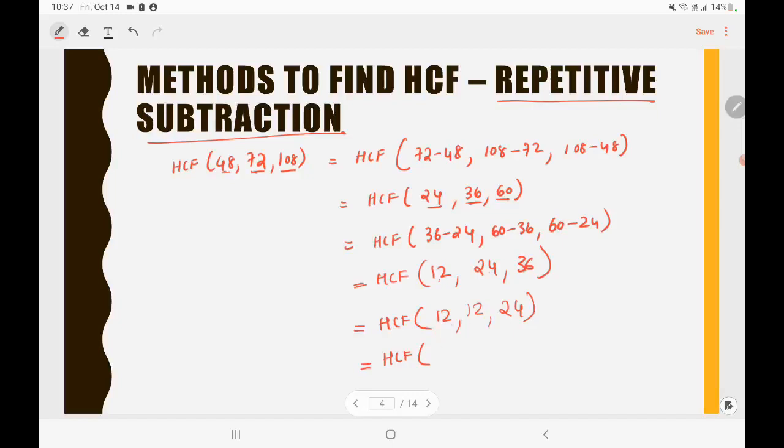So 12 minus 12 is 0, so we'll write the same number 12, and 24 minus 12 is again 12, and 24 minus 12 is also 12. So see, here you got all the numbers the same. That means HCF of 48, 72 and 108 is equal to 12. So this is the second method by which you can find the HCF.